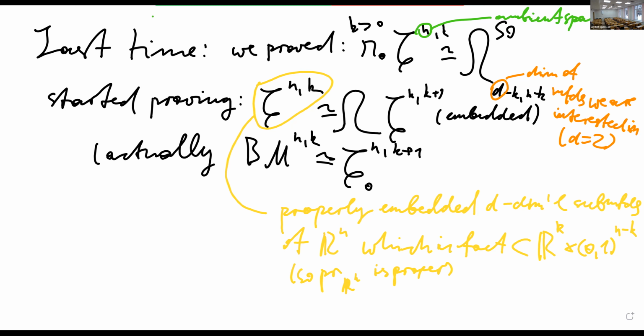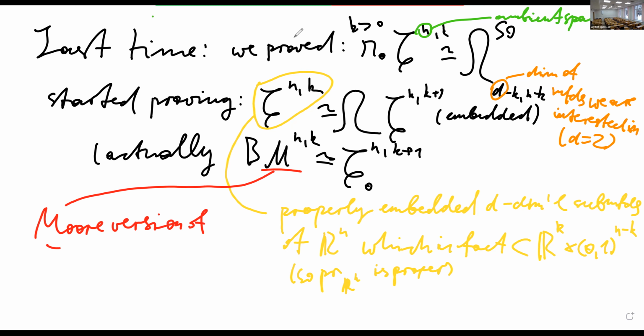Okay, n is the Moore version of C and K. Now, what is the Moore version? C and K is a sort of a monoid.